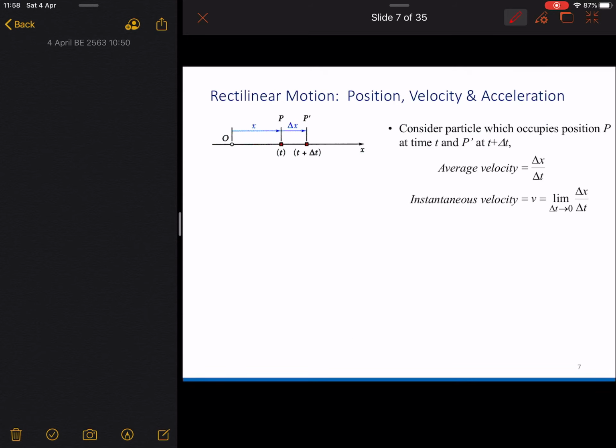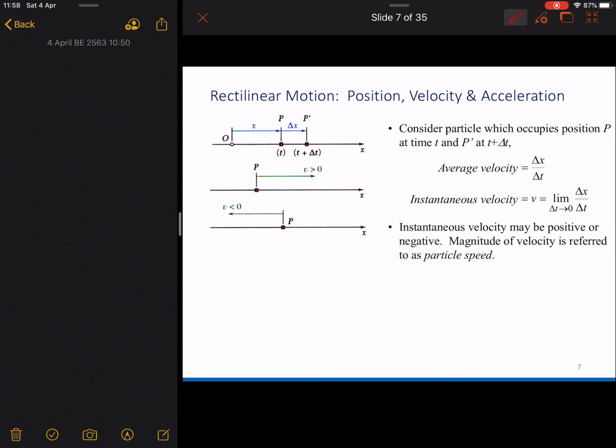So next we will talk about rectilinear motions, but this one is for velocity. What does velocity mean? In terms of mathematics, the velocity is the position change in a specific time.